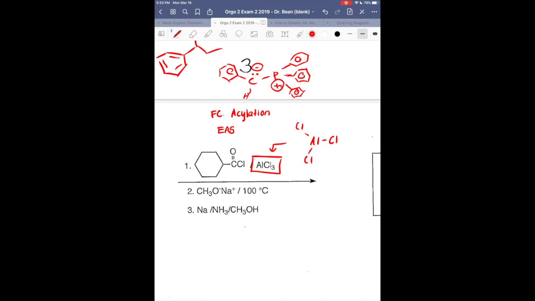So based off looking at the structure, right, the aluminium is electron poor, okay? This is more likely to be attacked by something else that has a lone pair, right? So this is a Lewis acid, okay?